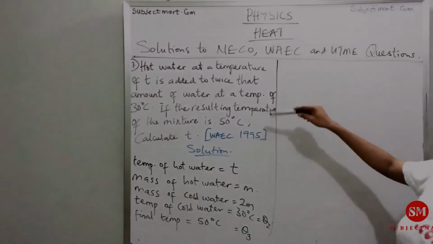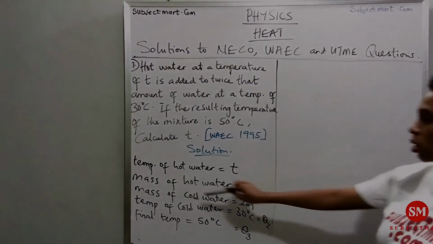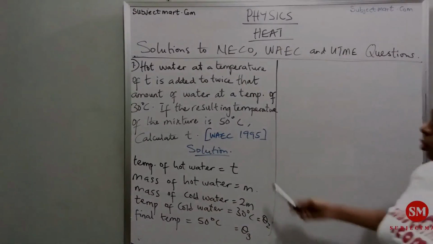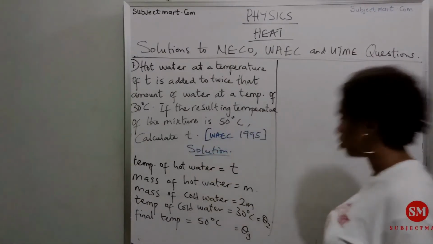The cold water is 2 times the mass of the hot water. So we said cold water here is 2M. And the question asks us to calculate T.